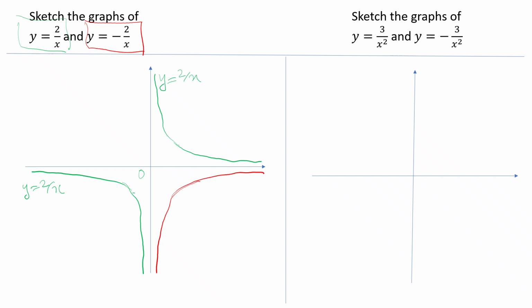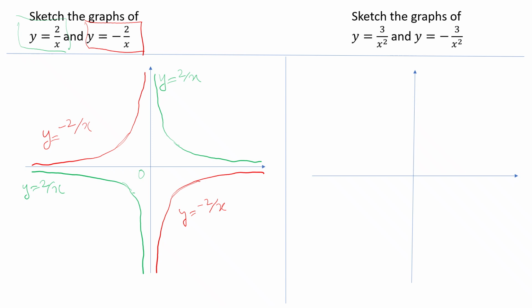Negative divided by negative is positive. So the graph is in the second quadrant. So this is y equals negative 2 over x.